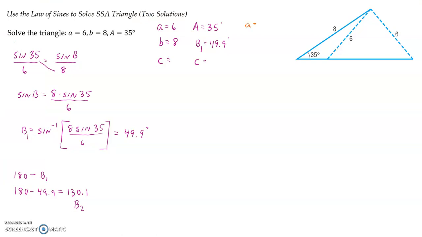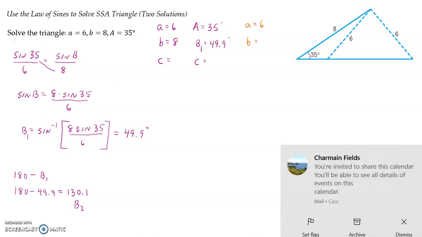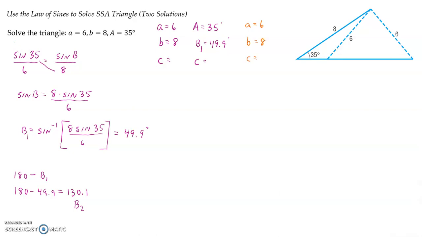Now, some of this information is obviously going to stay the same. Right? My information that I was given, my A value of 6 and my B value of 8, will stay the same. My A value here for my angle A was 35 degrees. Right? And now I can start looking at my alternate information here. My B2 potential value there was 130.1 degrees.